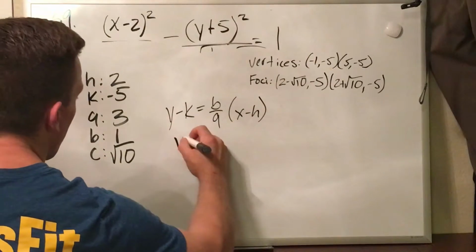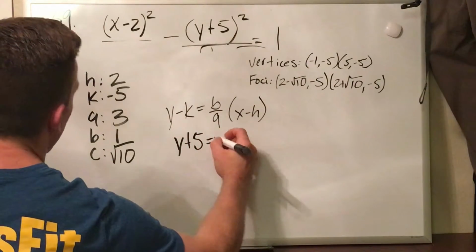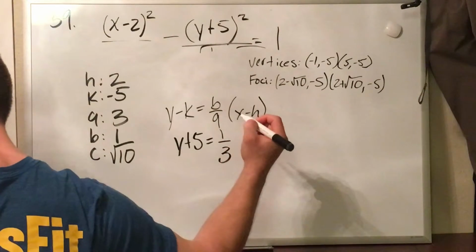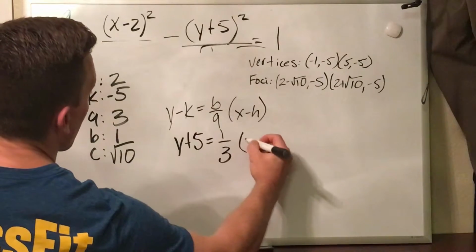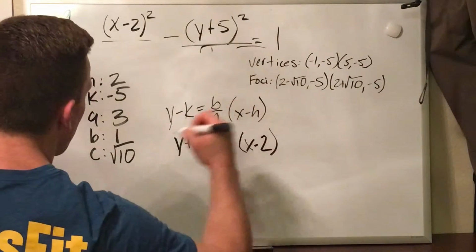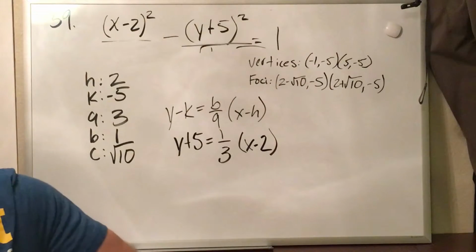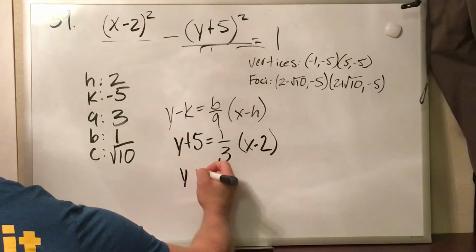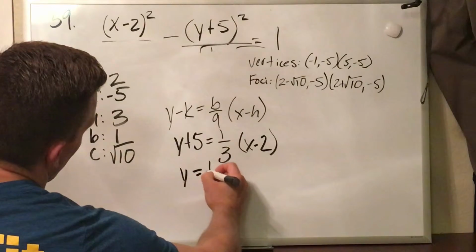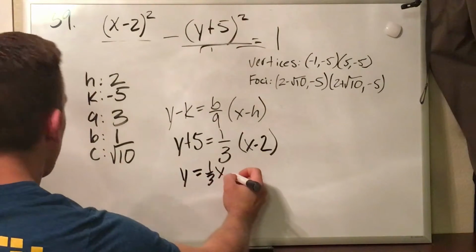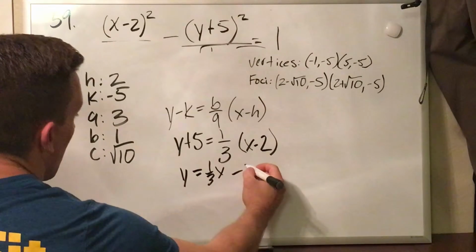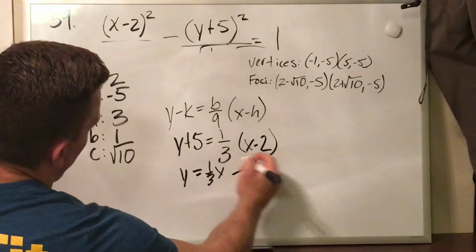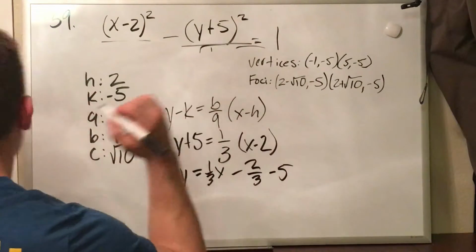When we plug in, we have y plus 5 equals 1 over 3 times the quantity x minus 2. Gives us y equals 1/3 x minus 2 over 3. We've subtracted this 5 here to get to here.